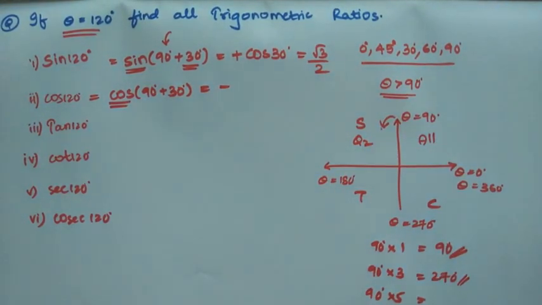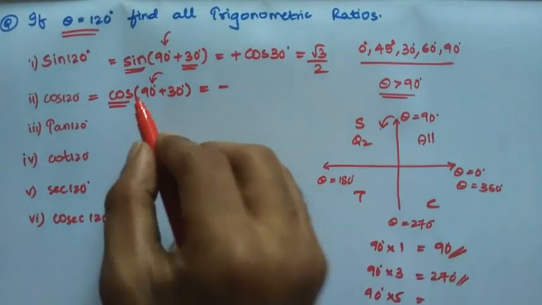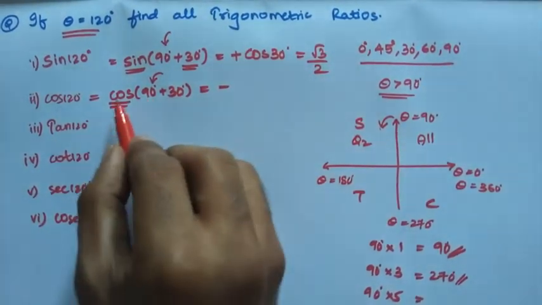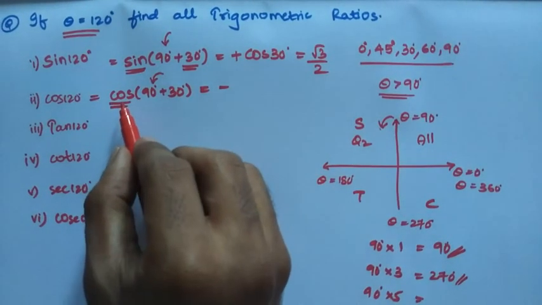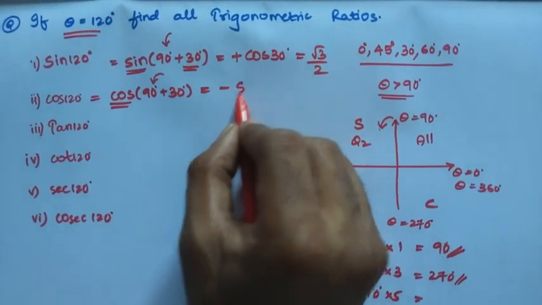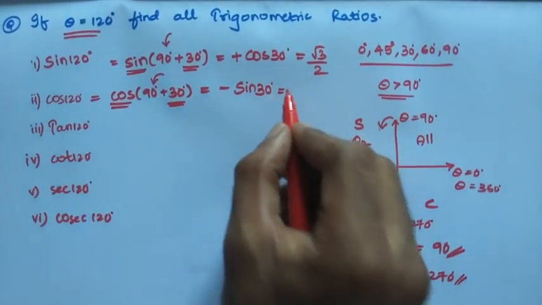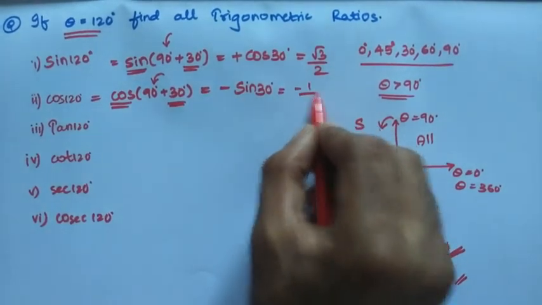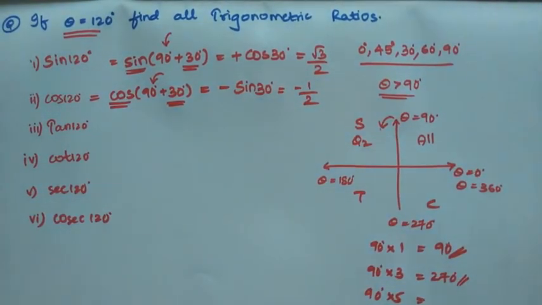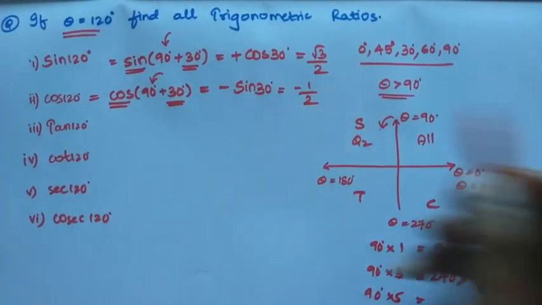Next, we have an odd multiple here, so we need to write its complementary. Its complementary is nothing but sine. Whatever angle it is here, that we must write here, sine 30 degrees. It will be minus 1 by 2. Therefore the value of cos 120 degrees is minus 1 by 2.